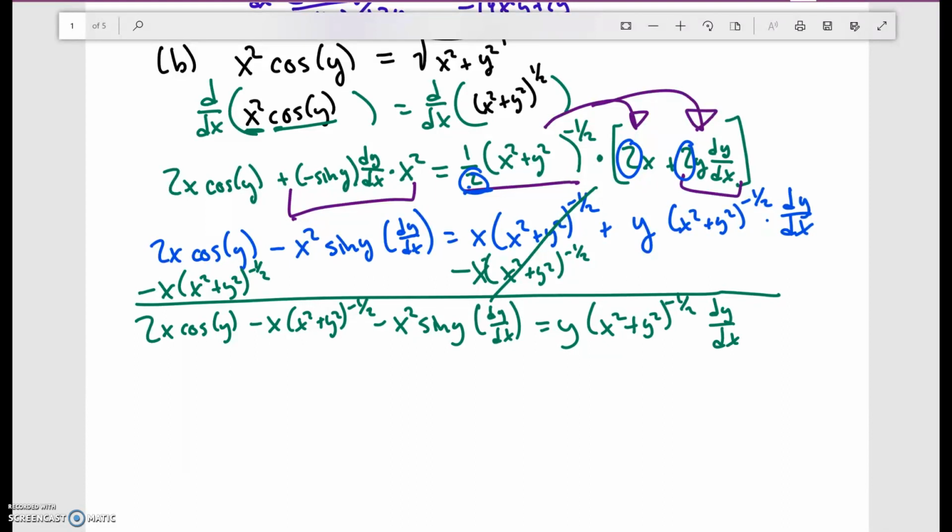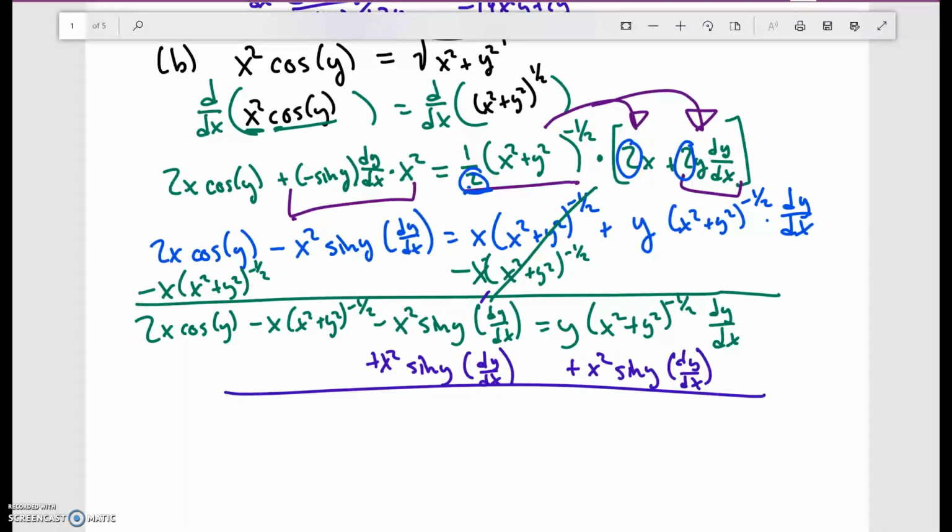All right, so now let me move everything that had a dy over dx over. So I'm going to add this term over, plus x squared sine y times dy over dx. Okay, so now that's going to go away.